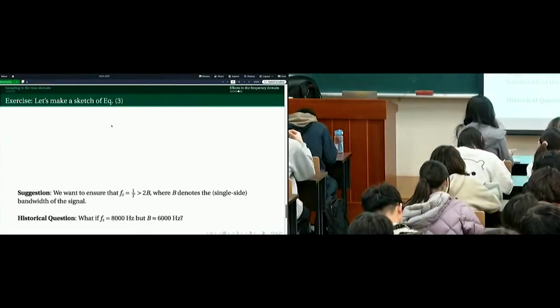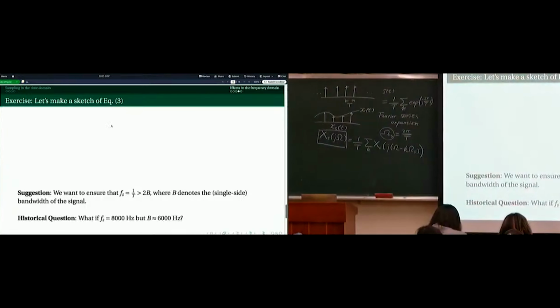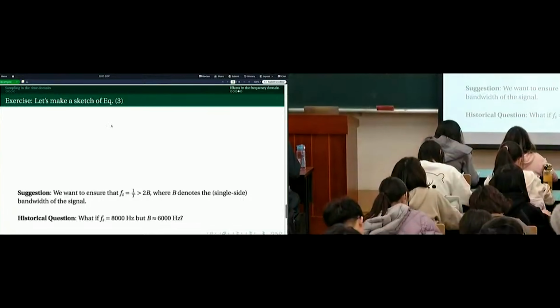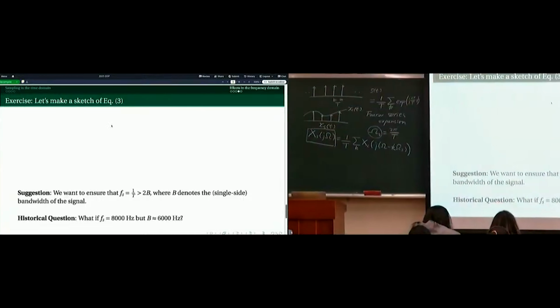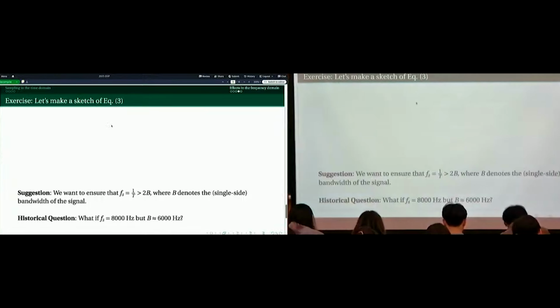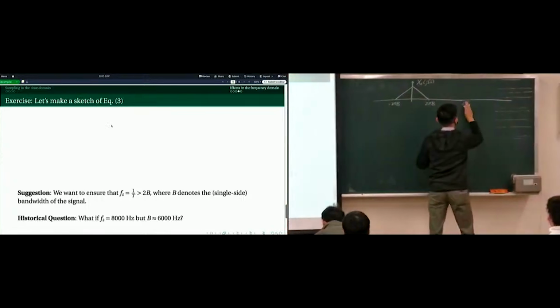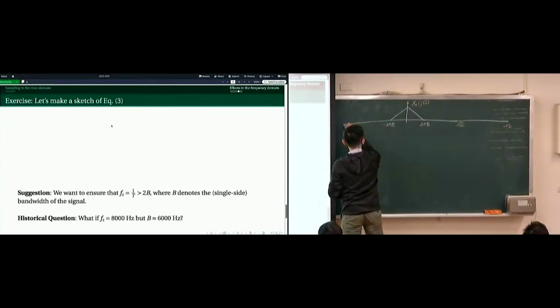And after sampling, because of that summation, we need to move this spectrum to the right and to the left. By how much? By 2 pi divided by T, and multiples of that. Let me just extend this really long, a long line which extends to infinity on both sides.